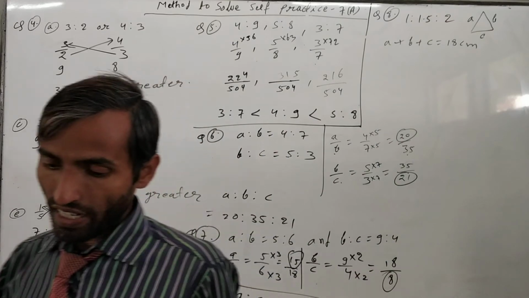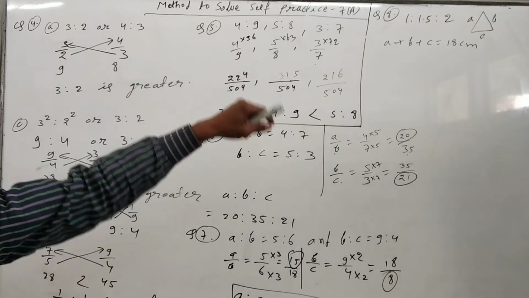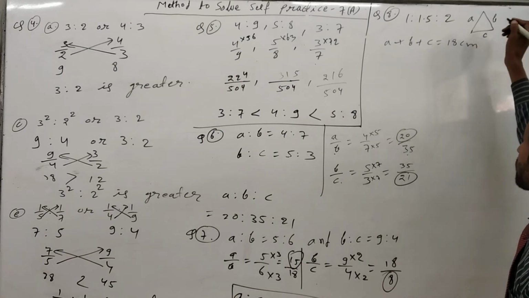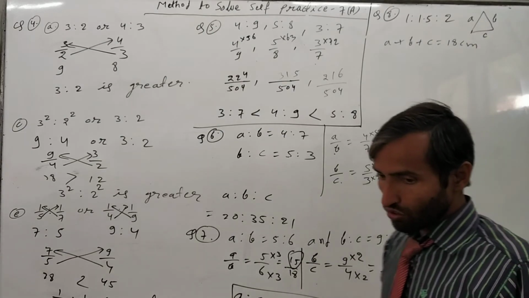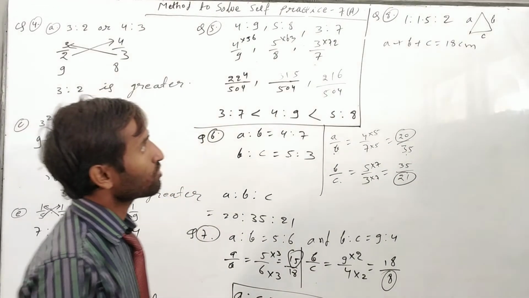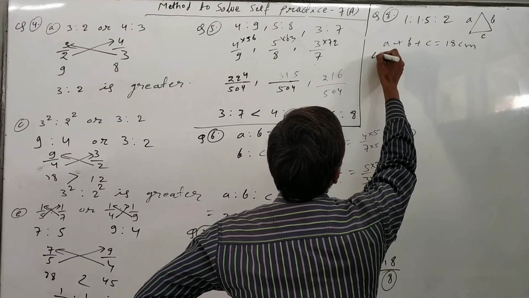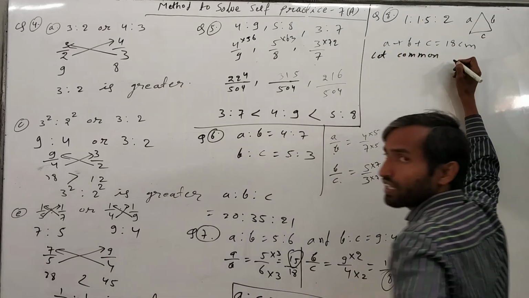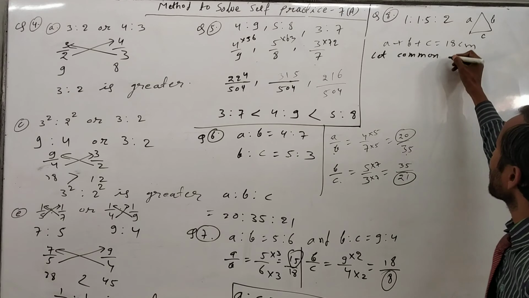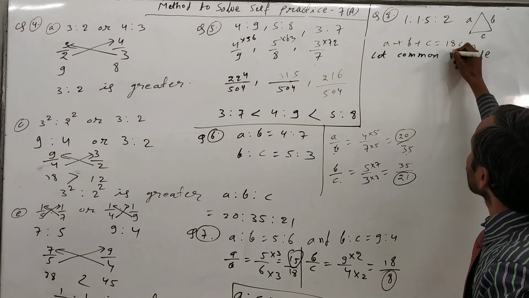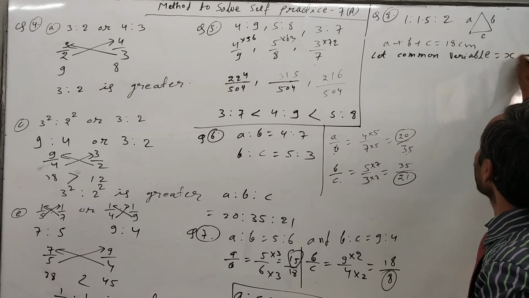Now we have to find the length of A, B, C, how much value will come in centimeters. For this type of question, take a common variable. Just as we do in linear equations, let the common variable be x.